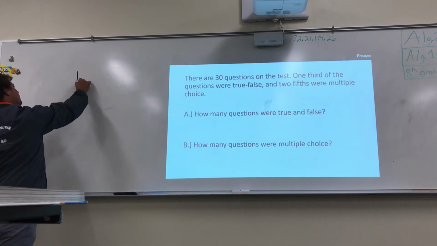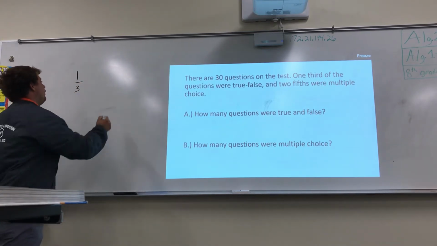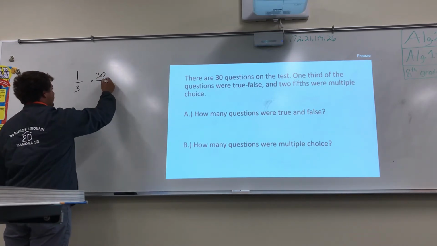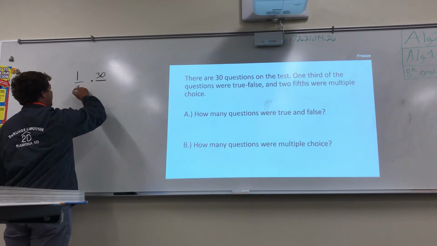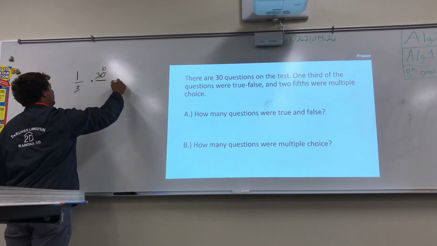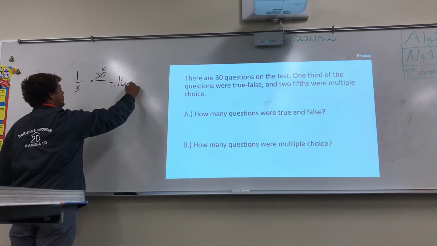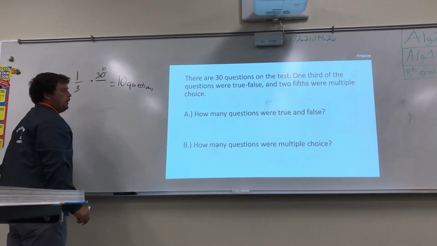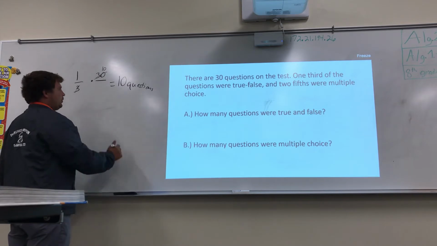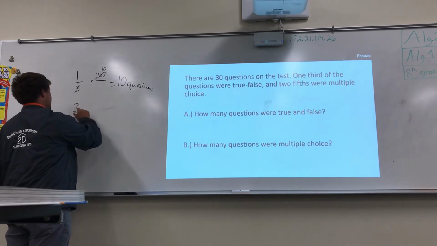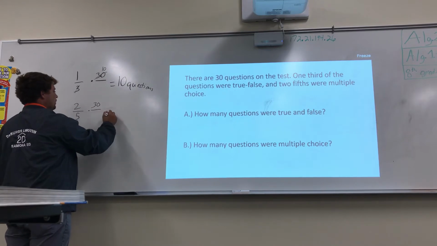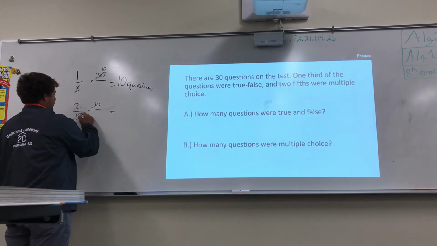1/3 of 30. So we basically can cross reduce. We get 10 over this, so we end up with 10 questions that are true and false. The other one is 2/5 for multiple choice. 2/5 times 30 equals, well, cross reduce.